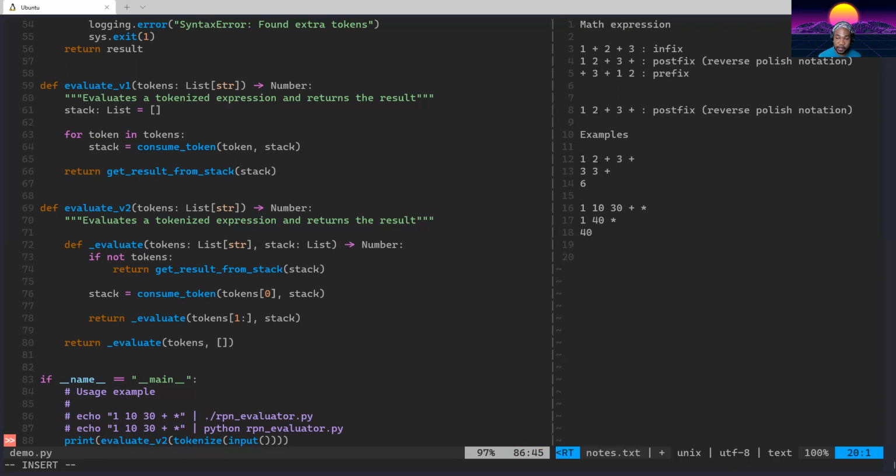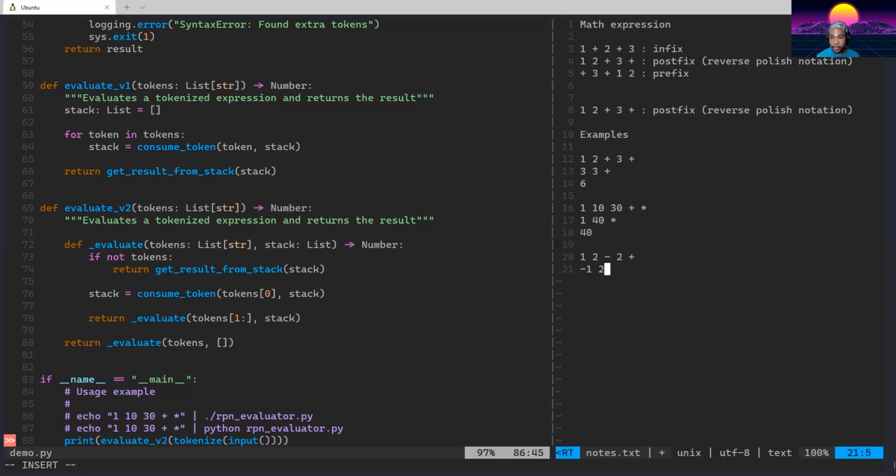So let's say that we have 1, 2, minus, 2 and plus here. Well, we see that 1 and 2 would get subtracted, but pay attention to this because this is 1 minus 2, right? So this is negative 1.